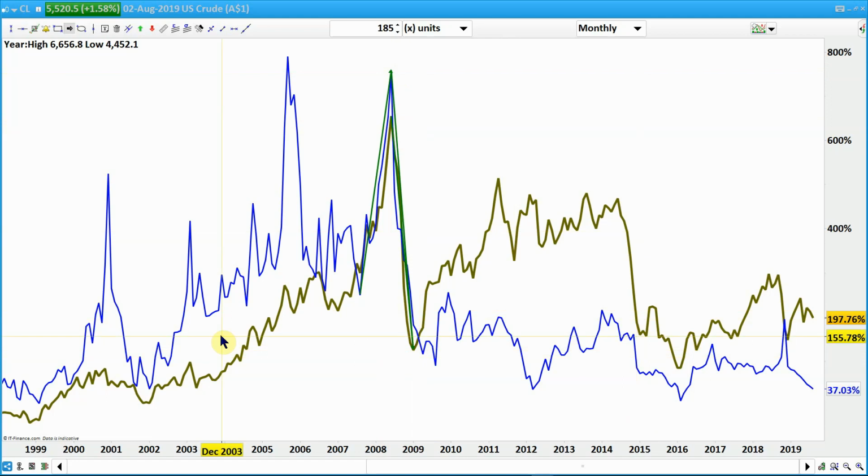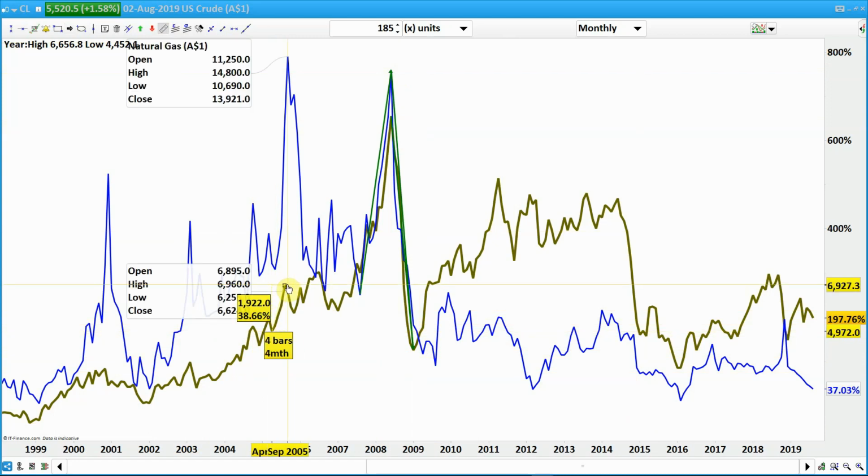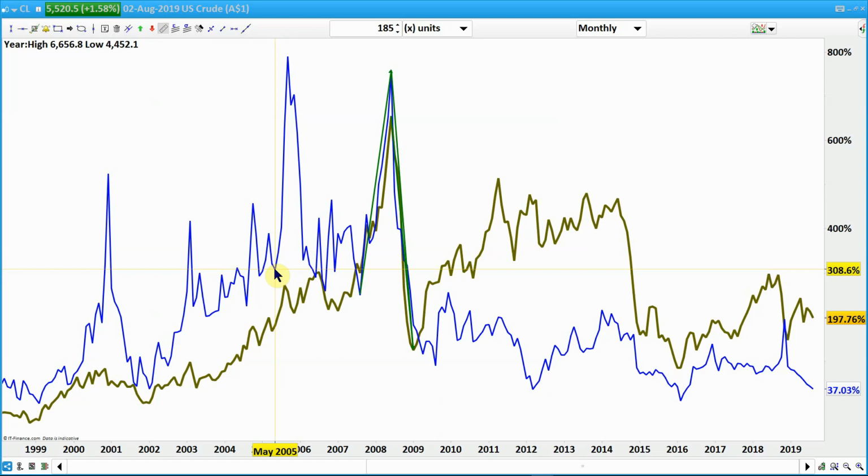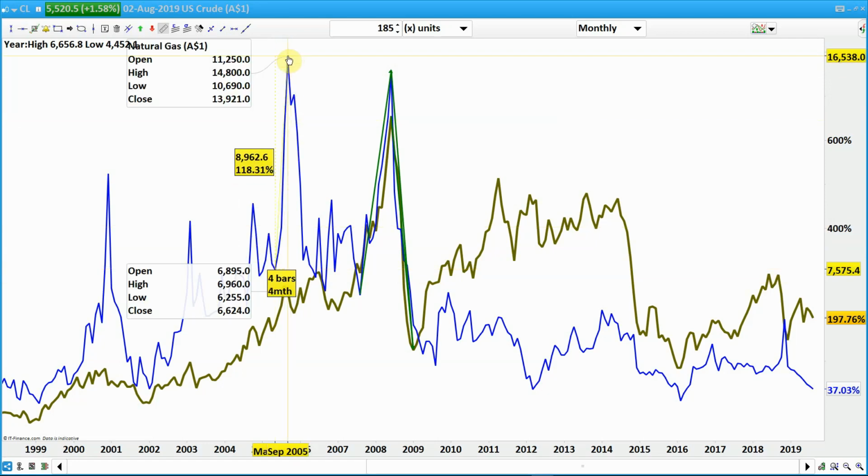But sometimes the degree may be different. For example, from here, April 2005 to September 2005, in 6 months time, crude oil has gone up 38%, and let's see what natural gas has gone up. Natural gas has gone up 118%, which is three times the crude oil.